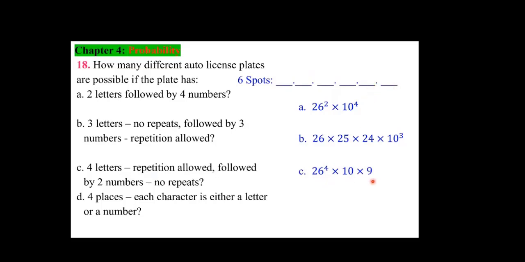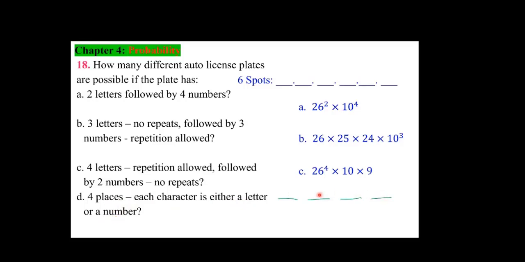Now we want 4 places. So the 6 spots is gone. We want 4 spots. So the very first thing, maybe you want to write 1, 2, 3, 4 spots. Each character is either a letter or a number. Well, we have 26 plus 10, 36 characters. And each one can go here.